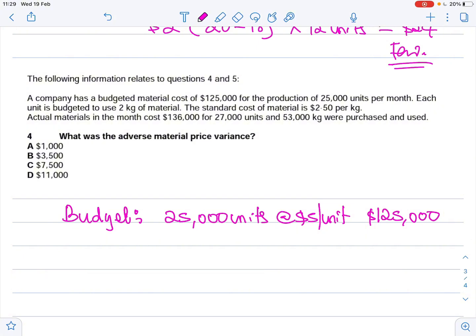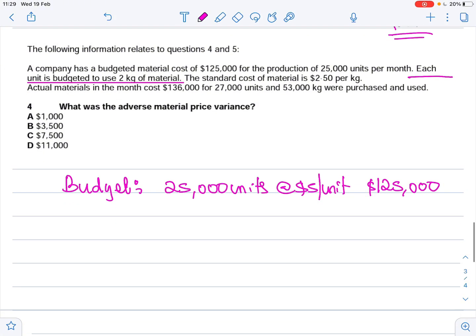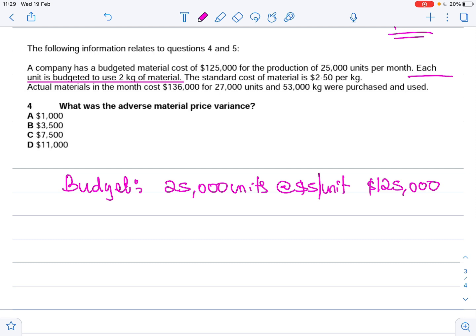The continuation of the story says that each unit is budgeted to use 2 kgs of material. Okay, so what this is saying now is this. This information is going to the people in the production department.